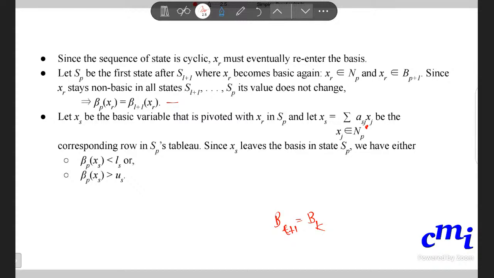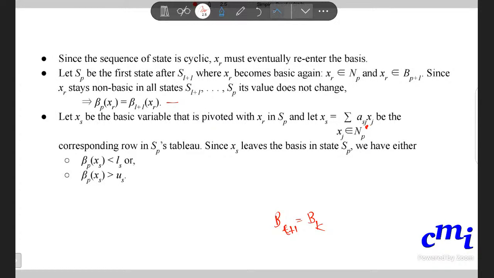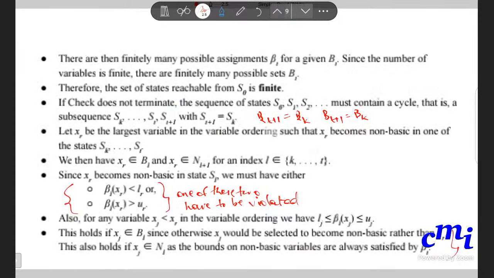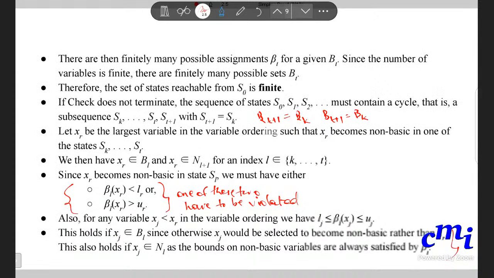At P, XS is in violation, and at L, XR was in violation, so there are two possibilities each. Therefore there are four possible cases to consider. Also, to remind everyone once again, XR is the largest variable in the variable ordering that becomes non-basic in one of the states SK to ST.